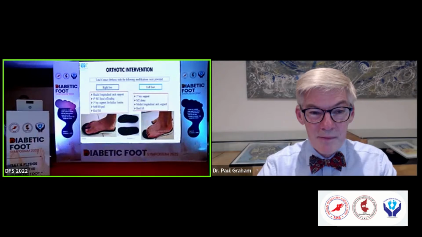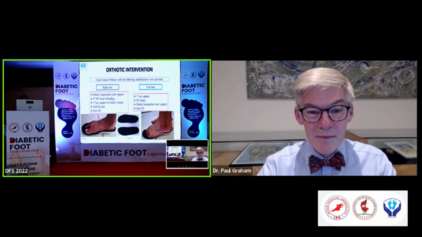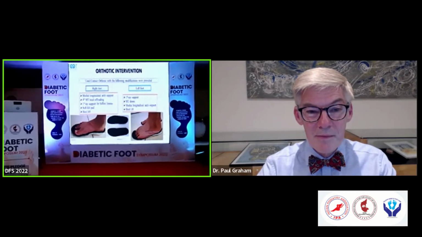As Dr. Suri also spoke about offloading footwear and the rocker, which is very helpful in this case. A first ray support for hallux limitus was also provided. A soft felt pad was given, and a heel lift. For the left foot, we provided first ray support, a metatarsal dome, medial longitudinal arch support, and a heel lift.